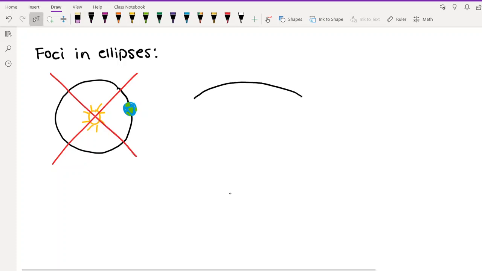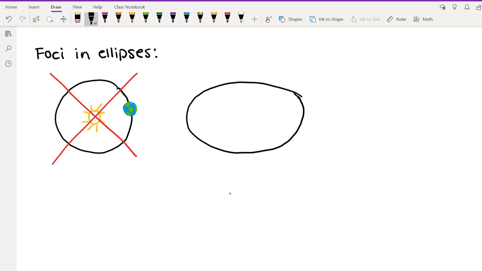And basically the orbits are actually really close to circular, I'm not really sure, probably because of how massive the sun is compared to everything else. But yeah, it looks more like this. This is kind of an exaggeration, but the orbit is elliptical, and the sun is actually at one of the foci.